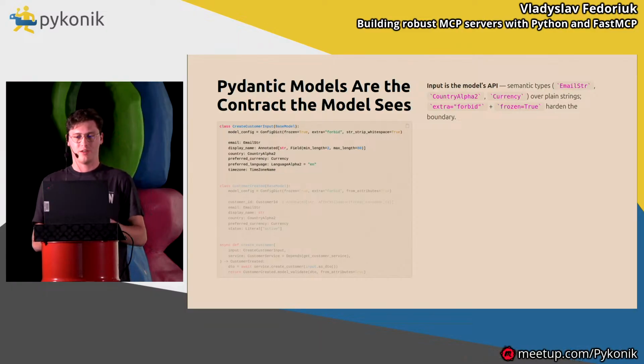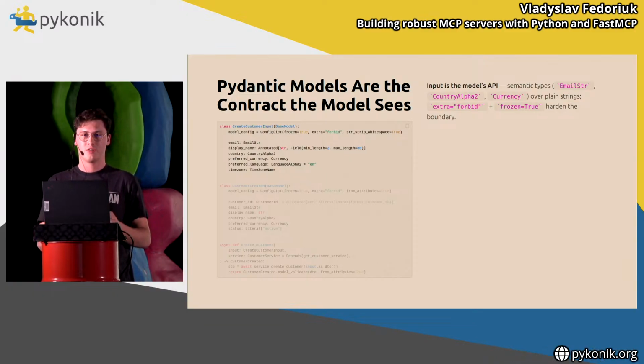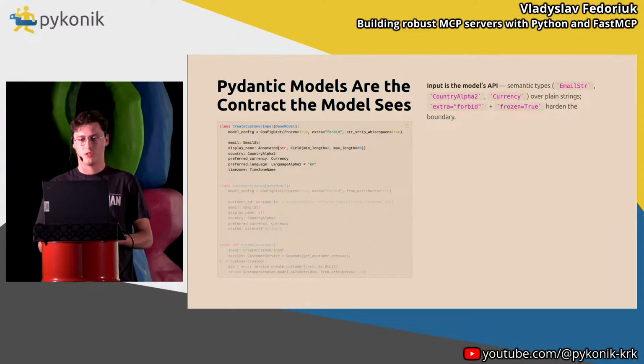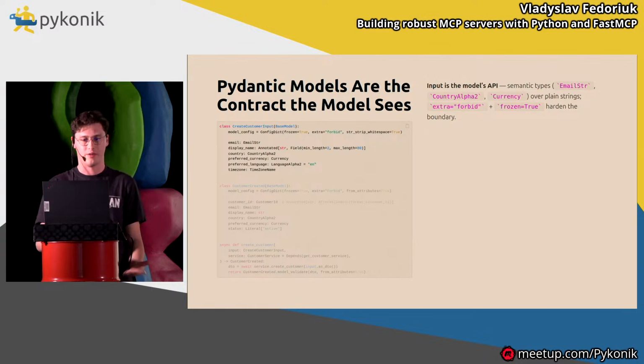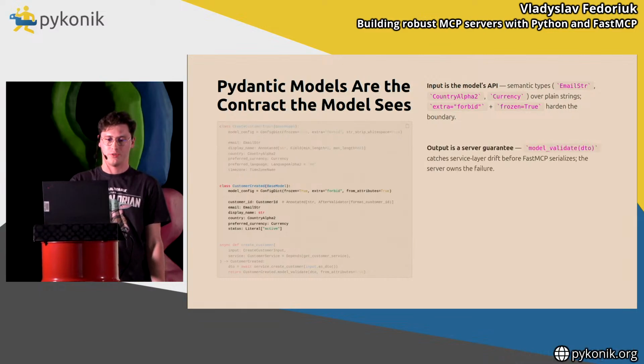It means using semantic types, such as ML string or Pydantic extra types, is really beneficial for the model because it provides more constraints and more information about what actual types your tool can accept. You can also harden those models further, for example by making them frozen and forbidding any unsupported parameters. It also applies to the response models.